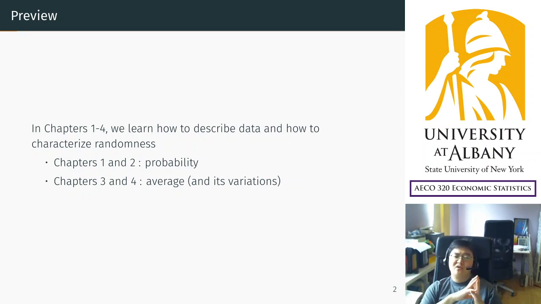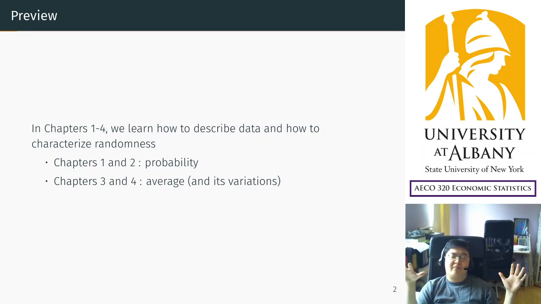So we will more carefully and rigorously define probability and averages, and we will learn how to use them, when they are appropriate or when they are not. Understanding the underlying structure of data or randomness will help you build the background for more applied work.